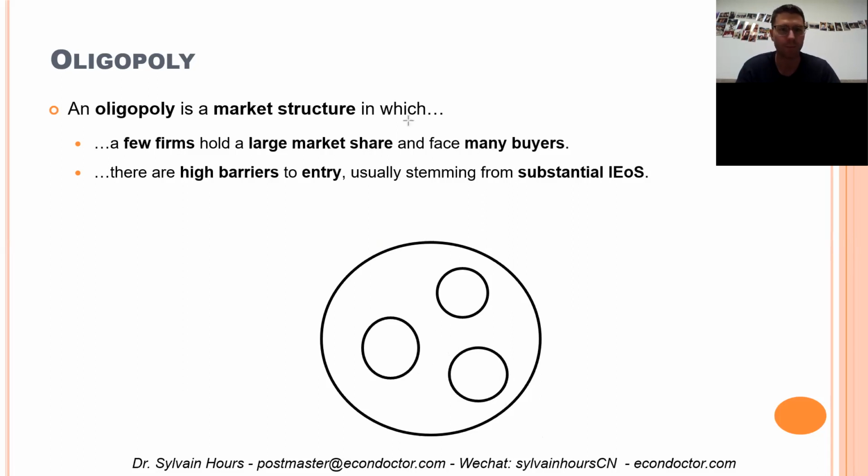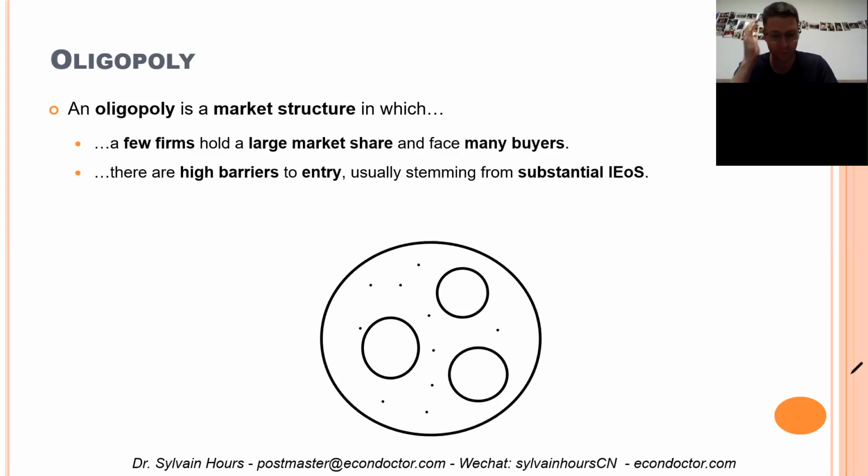And then the rest would just be many, many small firms. I could represent 200 small dots like this. This would still be considered an oligopoly, even if there are 200 small dots.